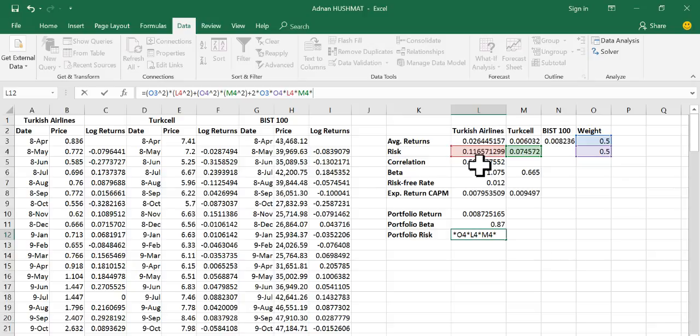The correlation coefficient is here, L5, 0.5971. So that's it.